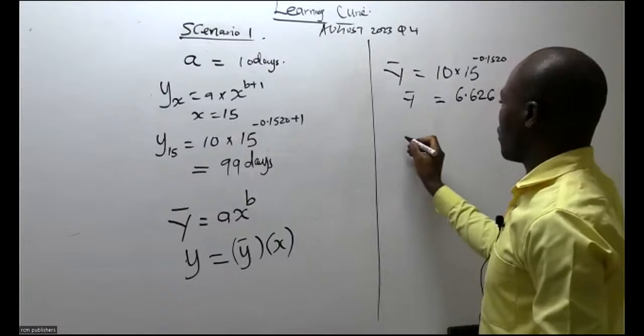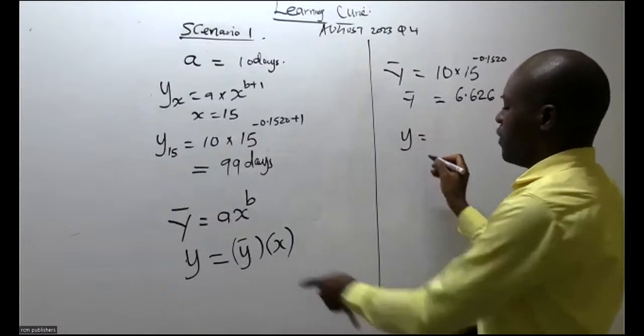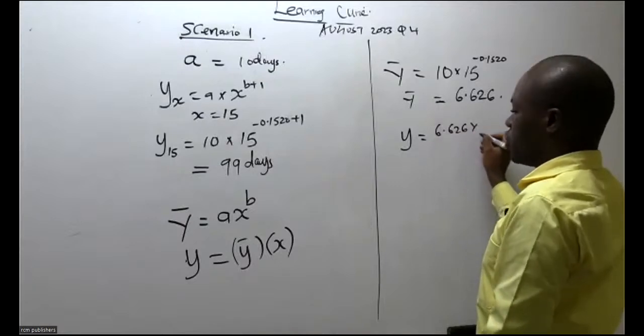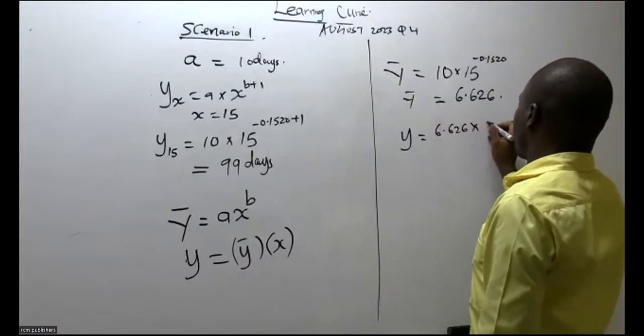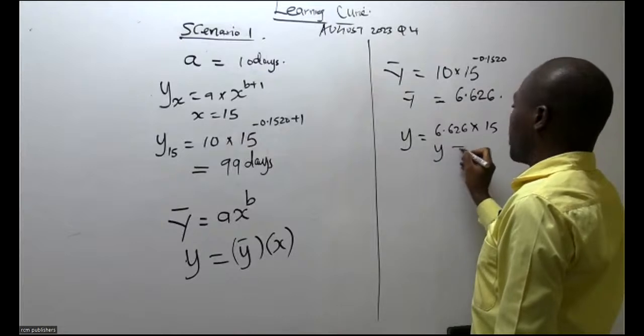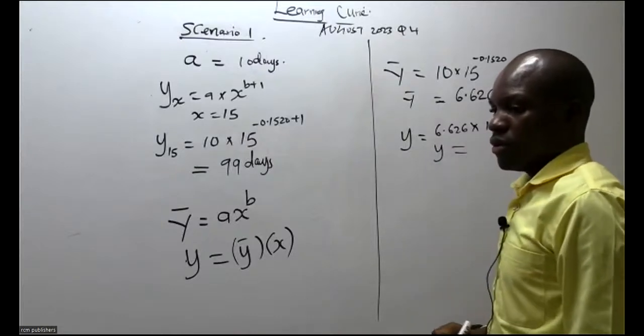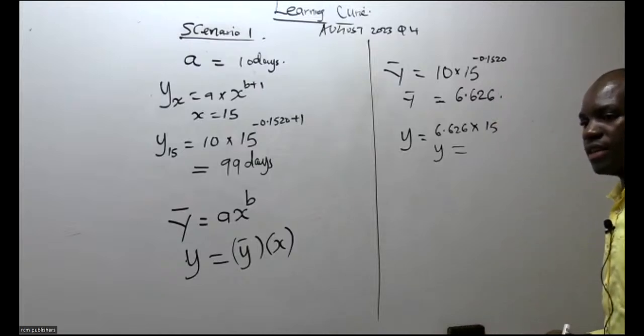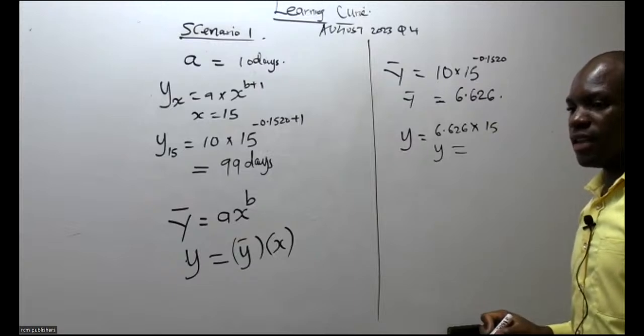Give us the value of y, which is equivalent to the average 6.626 multiplied by x, which is 15. Unapata ngapi hapa? If that is done, what is the figure?